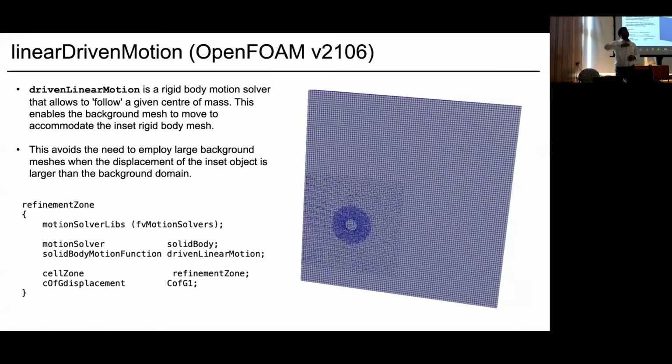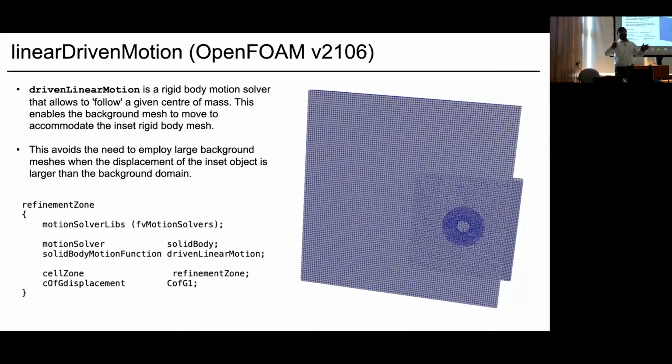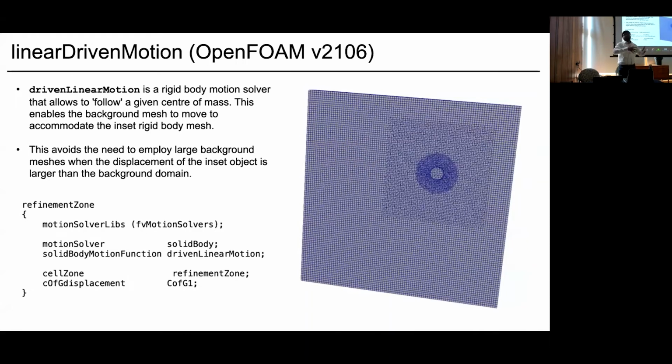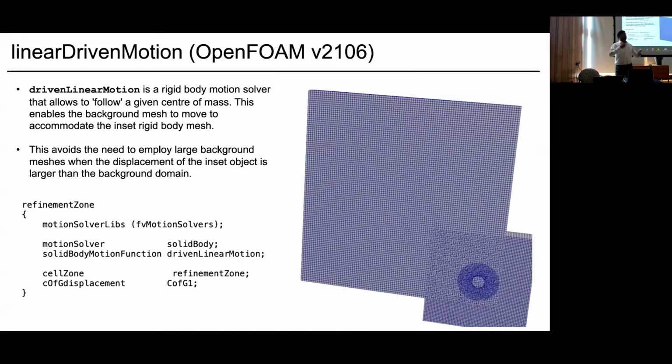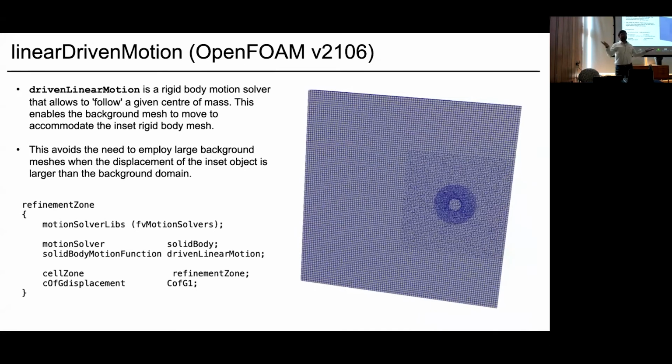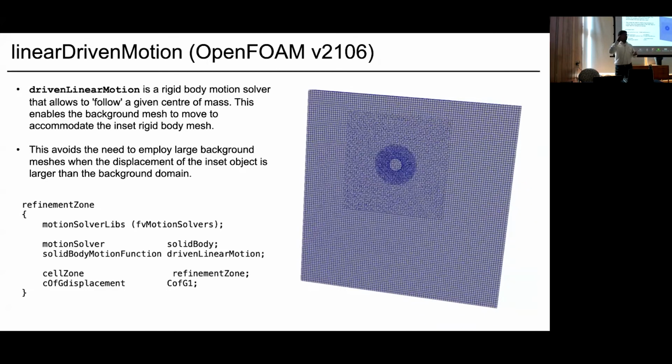Yeah, in case of an FSI case. Sorry. In case of prescribed motion, it is just reading what is written in this keyword C of G every time. And in case of FSI, if let's say it's a free falling body, you don't know how it will move, so you have to compute it. Yeah, right.